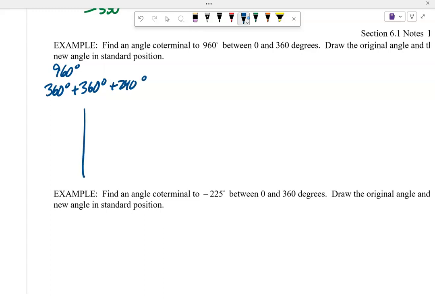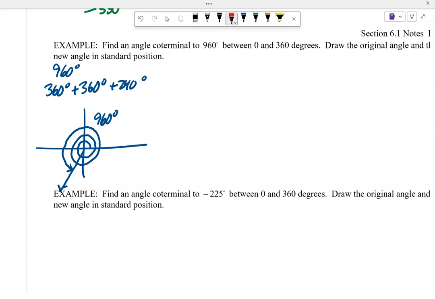So let's draw this thing. We went around once, around again, plus another 240 degrees. Well, here's 180 plus 60. Okay, so right here, that's where I end up for 960 degrees. So what would be coterminal to that?